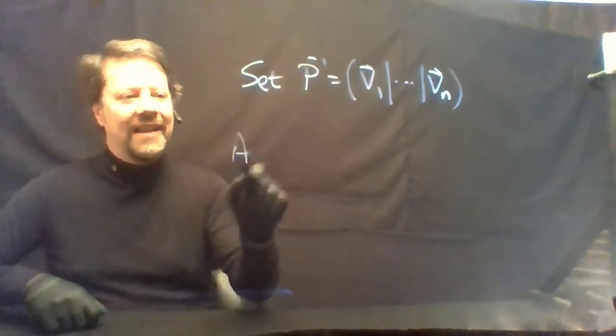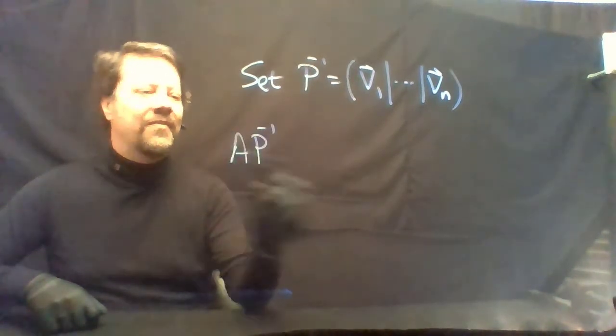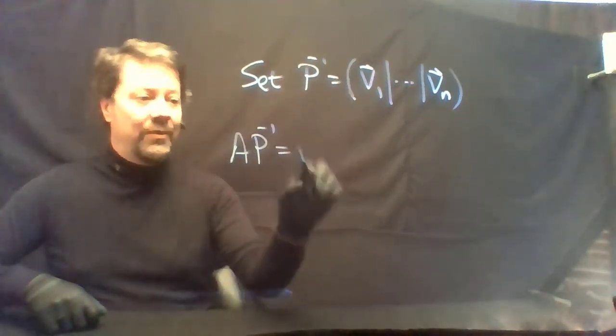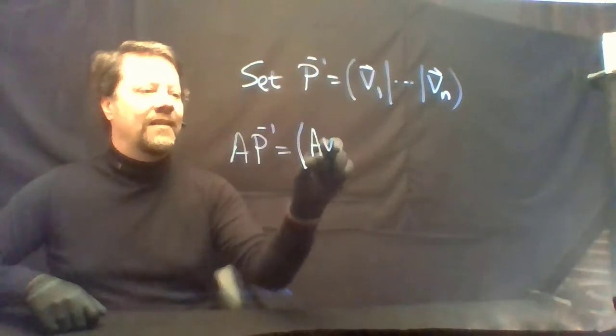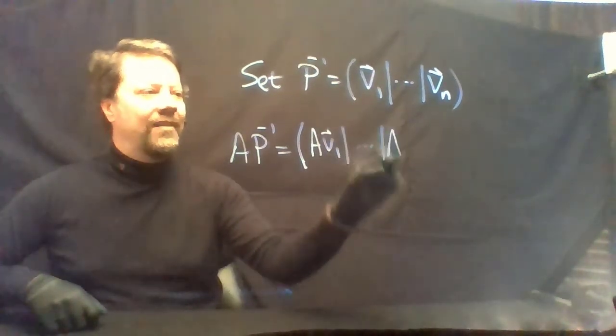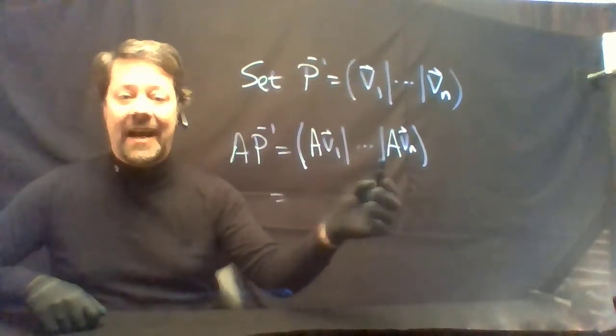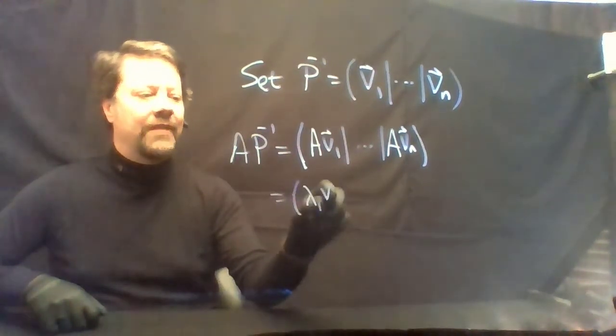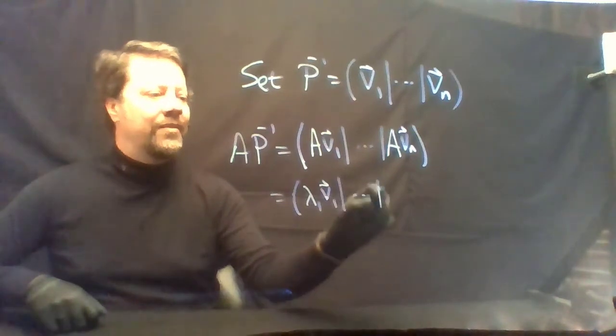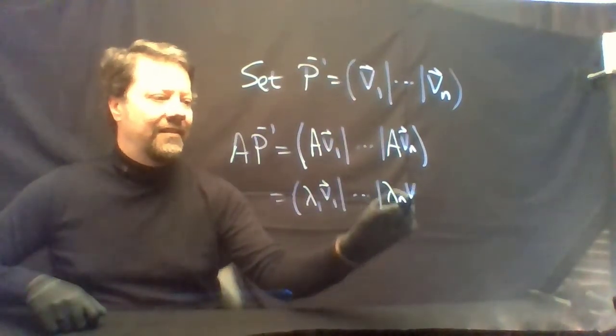I want you to look at A P inverse. That will be Av1 through Avn. But because these are eigenvectors, we'll have lambda 1 v1 through lambda n vn.